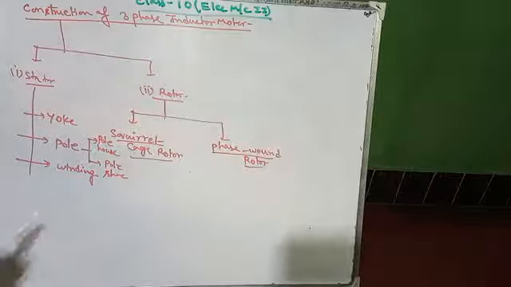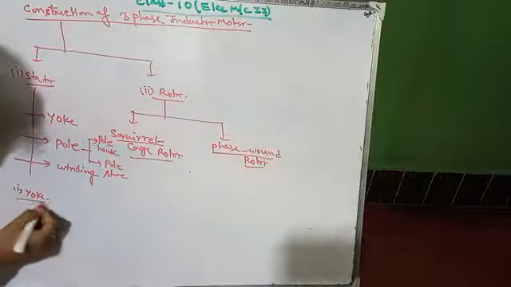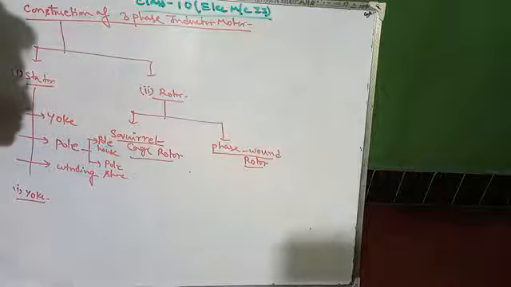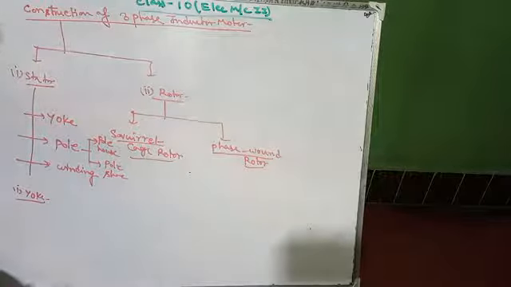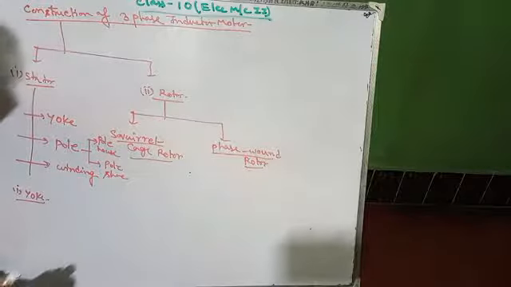So what is yoke? Write one, yoke. Yoke is the outside structural, peripheral ring-like structure that protects from external damage.